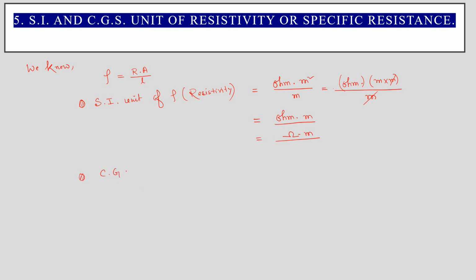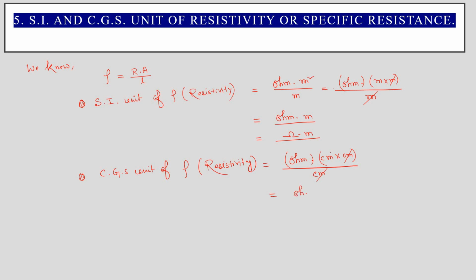Now the CGS unit of rho or resistivity. It is the practical unit also, so we are writing resistance as ohm, but area of cross section in terms of centimeter square, or centimeter into centimeter, that is length into breadth, since it is area, and the length in terms of centimeter, so centimeter cancels.